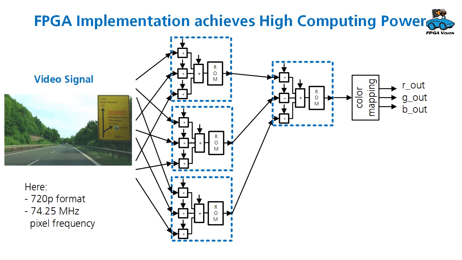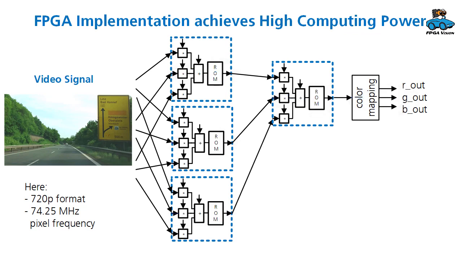The advantage of the hardware implementation is the ability to achieve high computing power. We need this because we have a video signal as an input. In our example, we use a 720p format with about 75 megahertz pixel frequency. So with 75 megahertz, you have a new input signal to process.